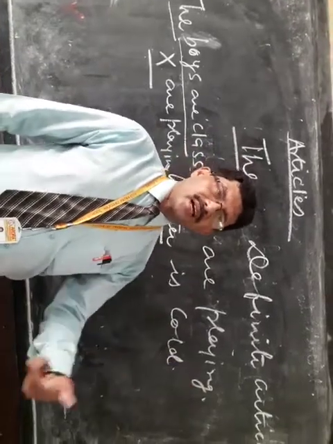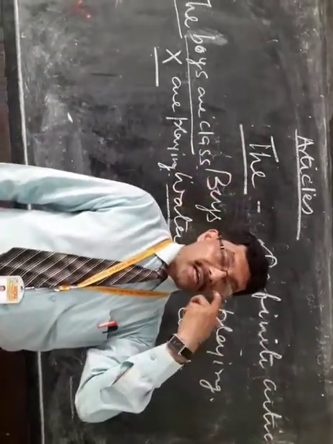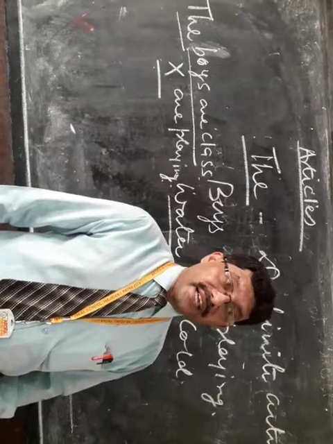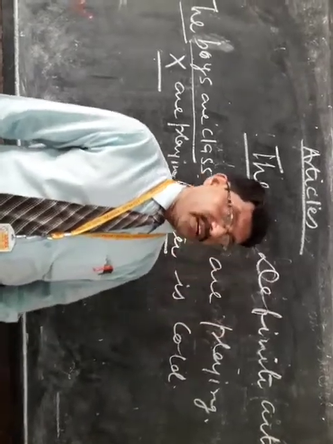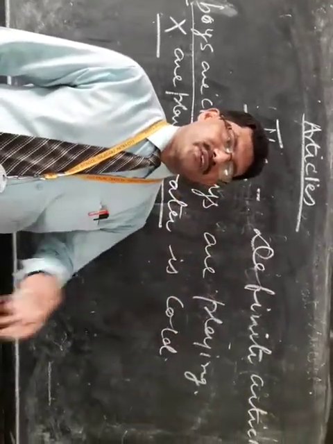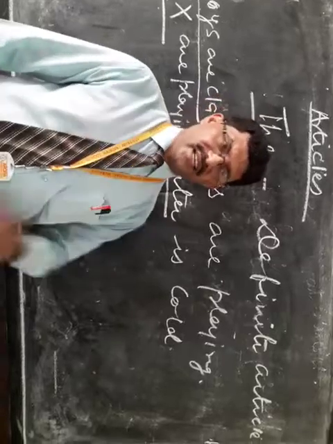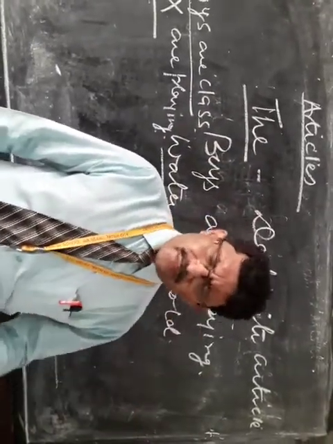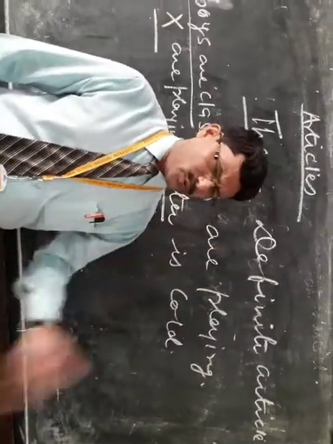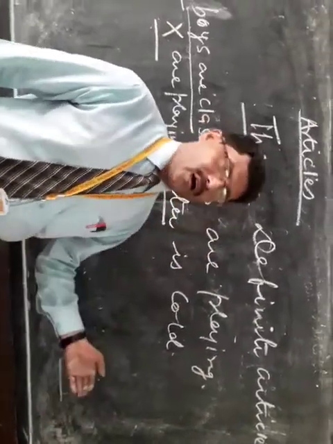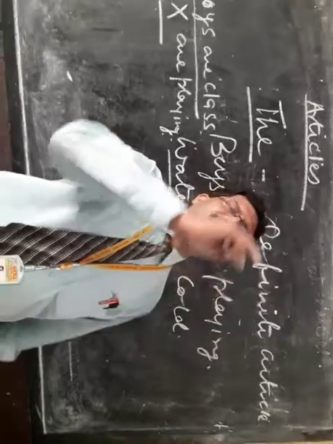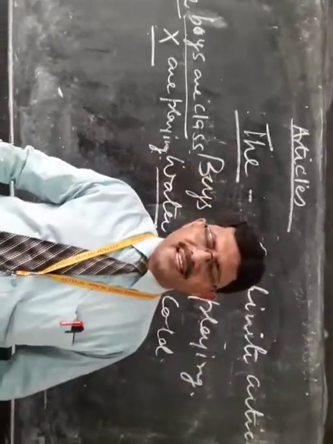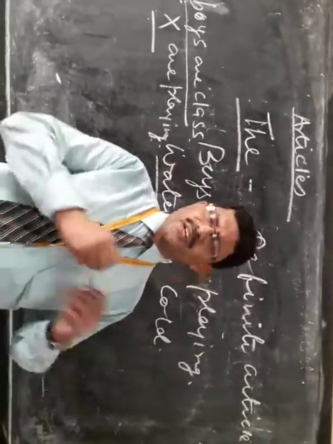Then the correct sentence would be, the girls of class 10th are dancing. So dear, any noun, be it countable, uncountable, plural or singular, if used in a particular sense, use the before it. It's very simple.